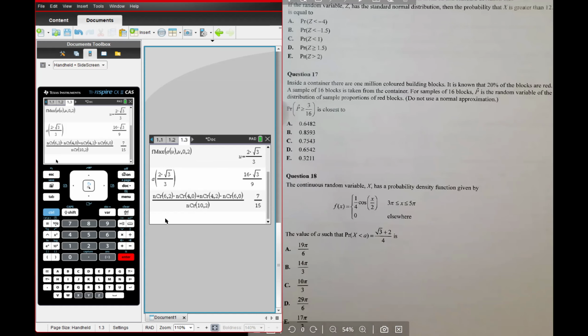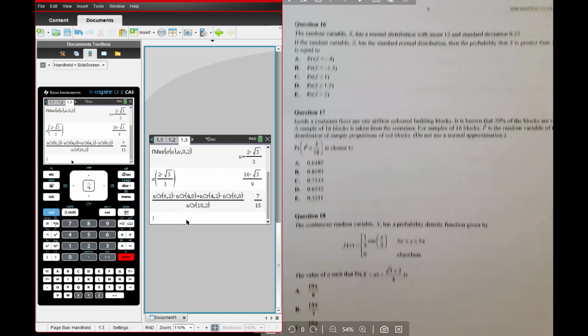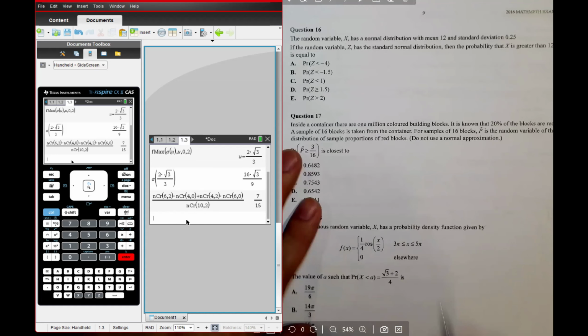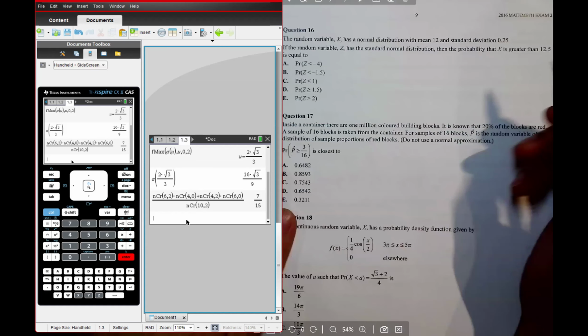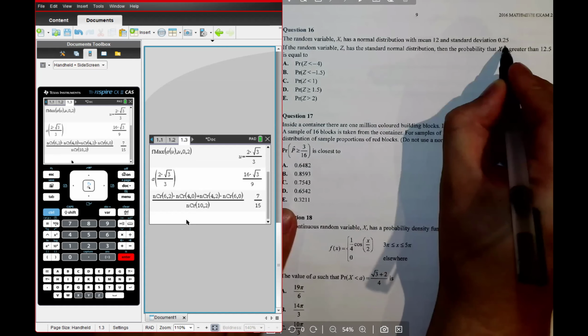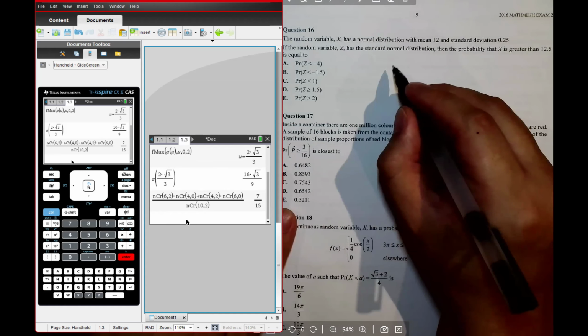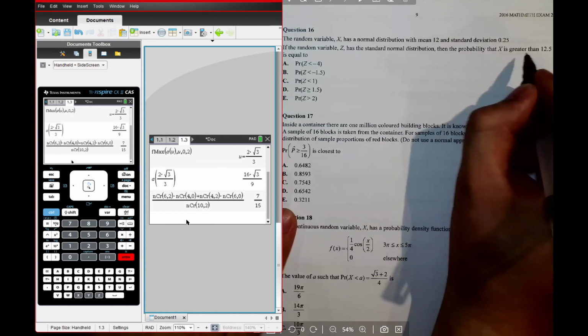Okay, a few more questions to go. If you look at question 16, it's a normal distribution question. X is normally distributed with a mean of 12 and a standard deviation of 0.25. The random variable Z has the standard normal distribution, and we want the probability of X greater than 12.5.